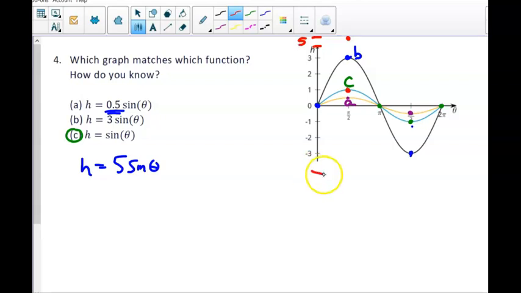Same thing going the other direction. The answer to this graph will be down here at negative 5. The answer at 0 will not change. It'll still stay the same. So when you have 5 times sine theta, the graph will look something like this.